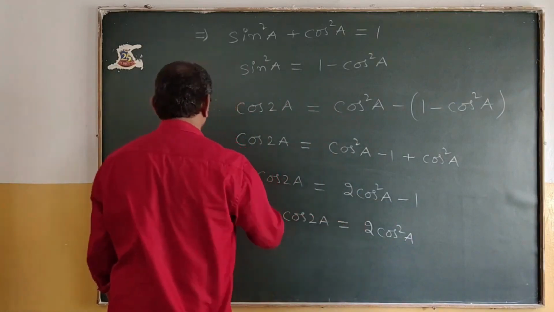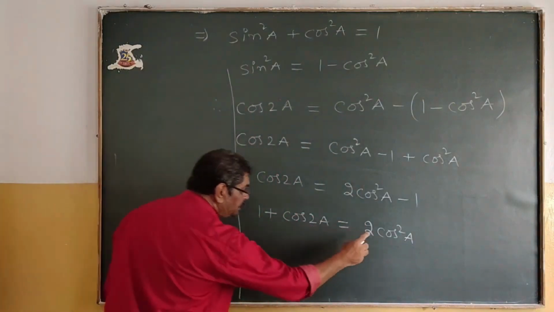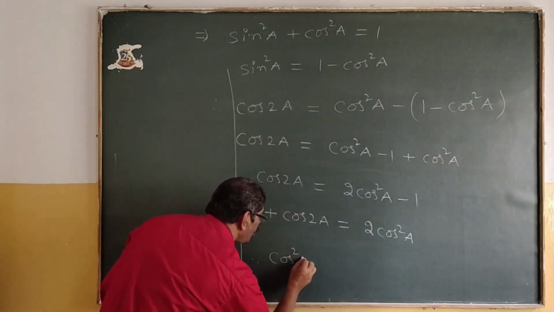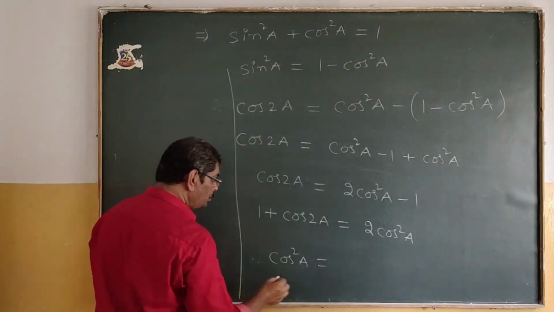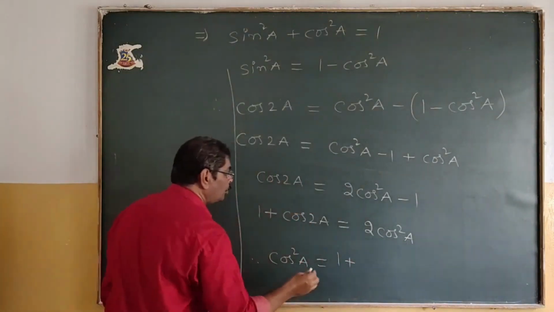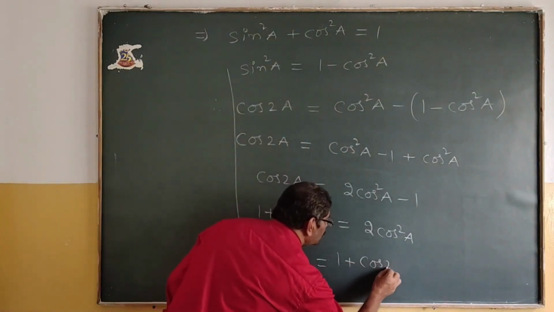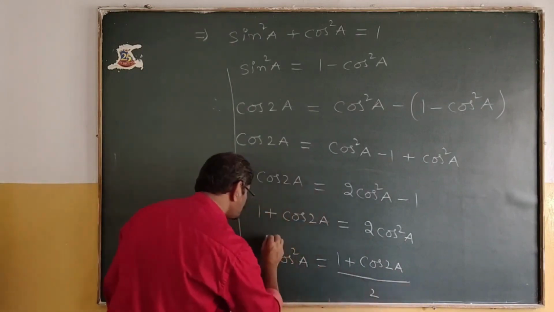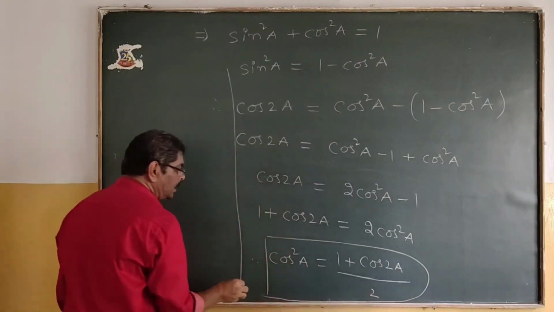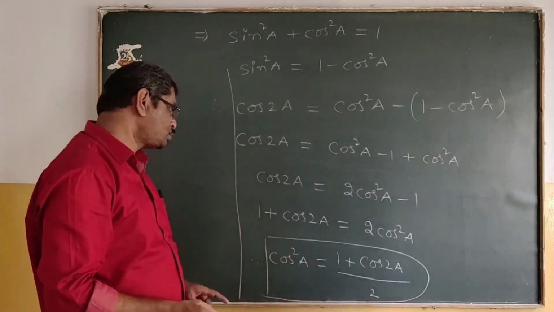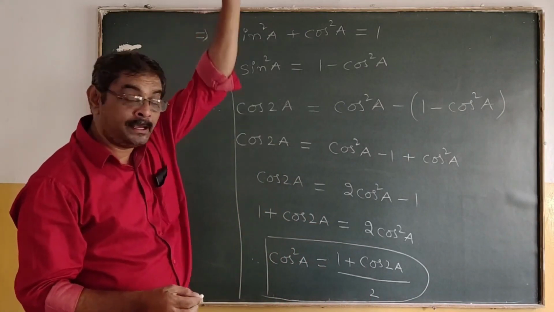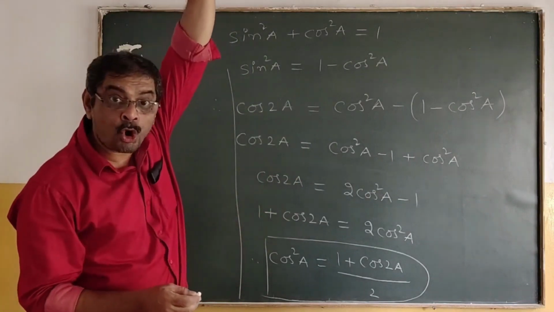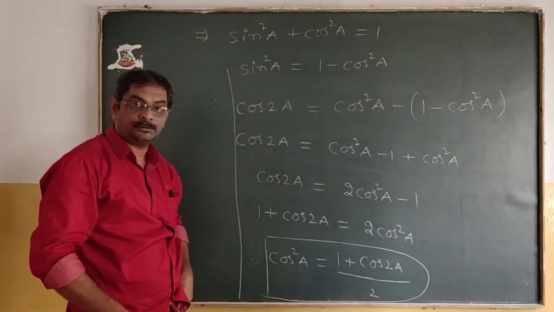Therefore I can find the value of cos square A. Cos square A is equal to 1 plus cos 2A divided by 2.